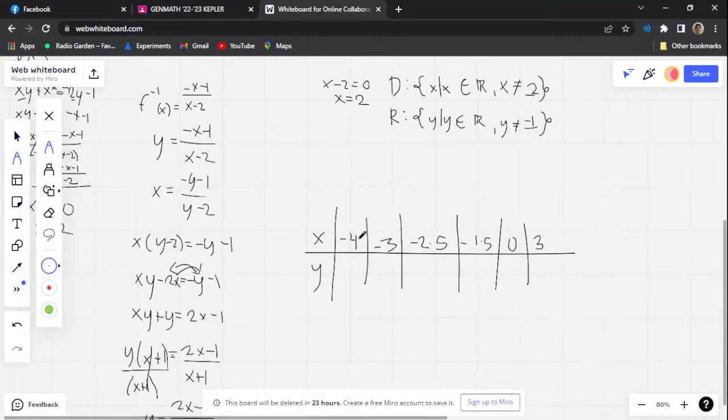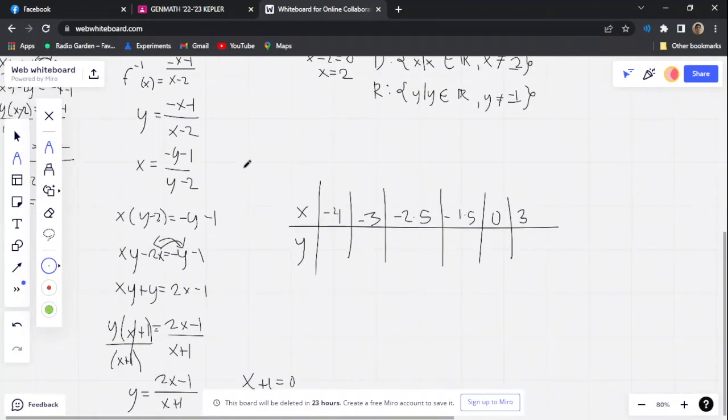You substitute, for example, negative 4. So, negative parenthesis negative 4 minus 1, over negative 4 minus 2. So, I will calculate it.